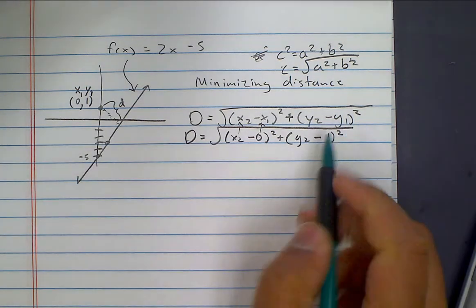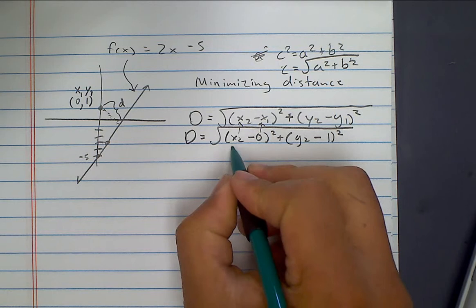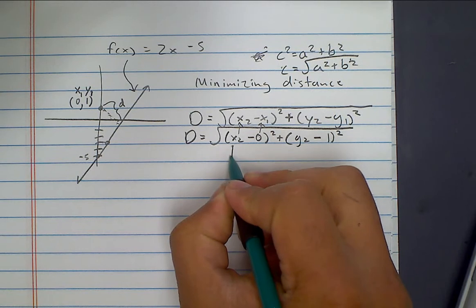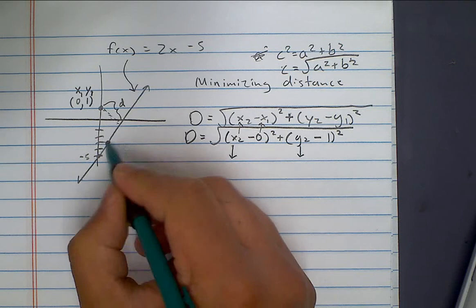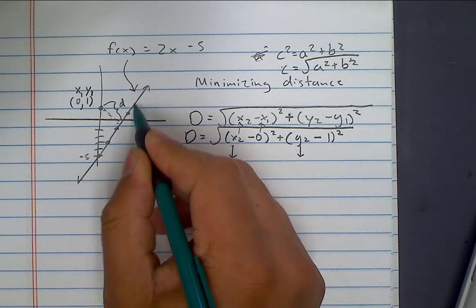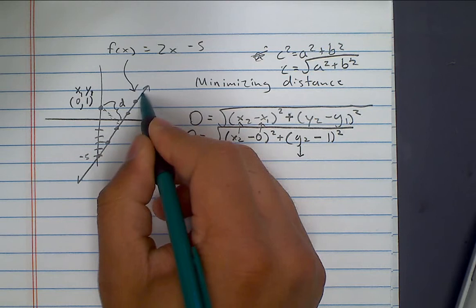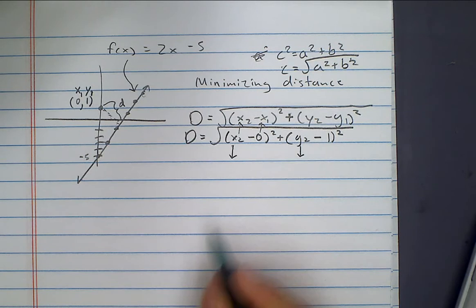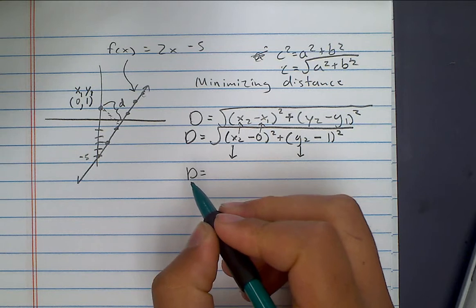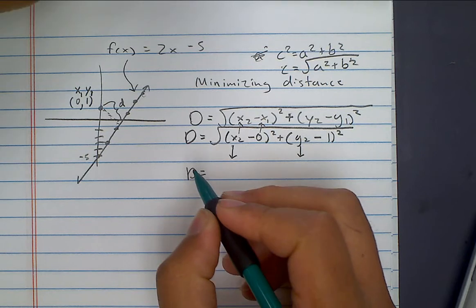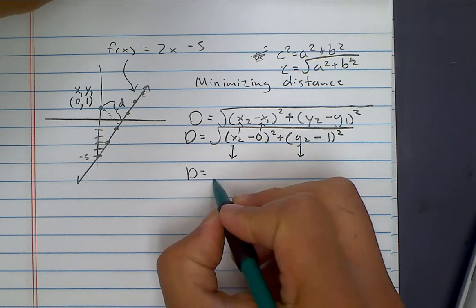Now I need real values for x2 and y2. x2 and y2 represent every single point on this line.